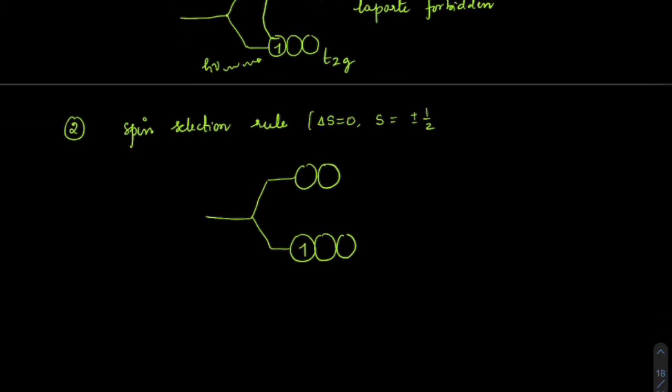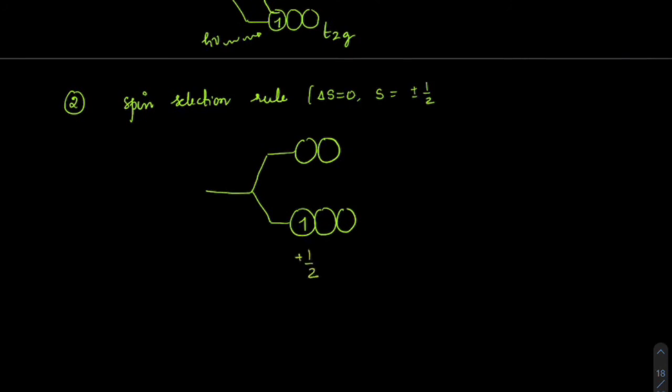If the spin is plus half here, then as you go to the higher orbital, this can stay plus half, or it can stay the opposite way also, but most of the time it will stay the same spin. So it shows plus half or minus half, which means delta S is not equal to 0.